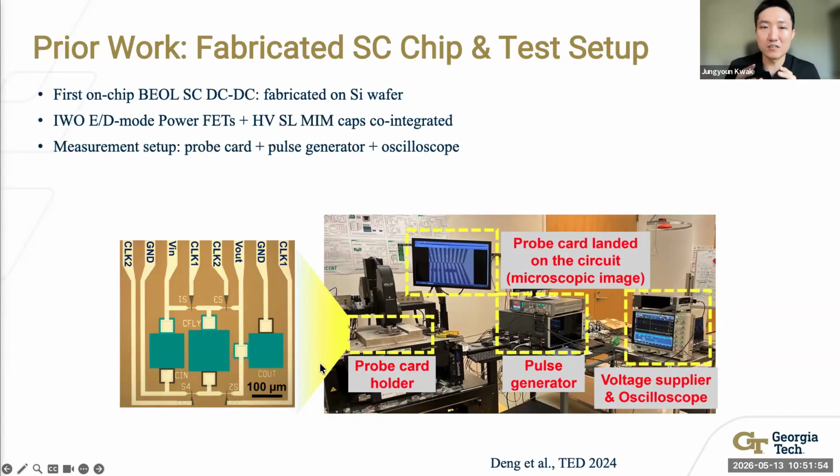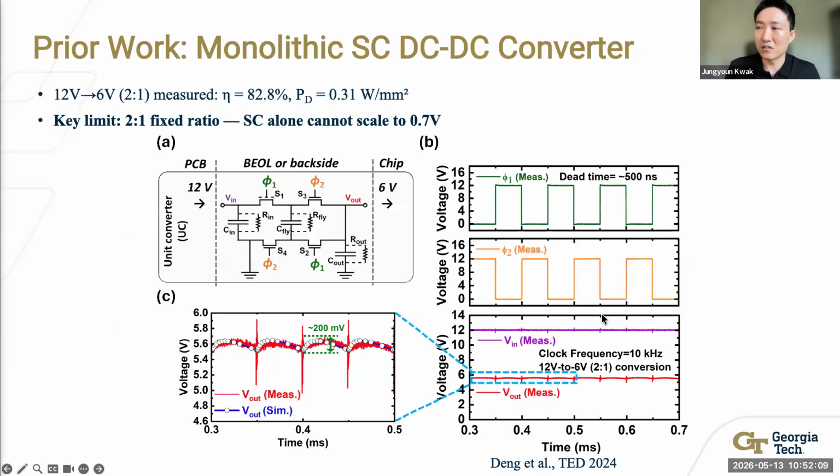The converter is very small, but the other external components and wires, all the parasitics, are actually pretty huge. So when we see some switching, our interpretation was that the converter itself is working, but we see some noise.